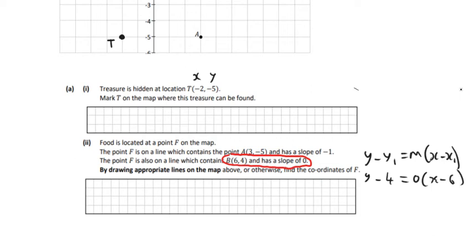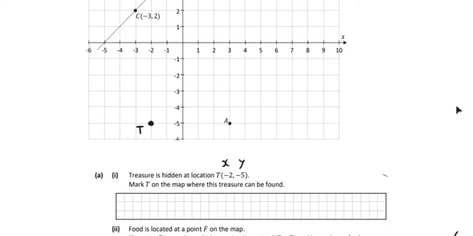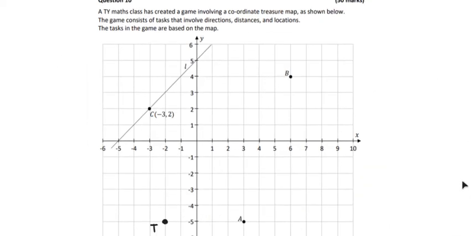Whenever the slope is 0, the x term is gone, so y minus 4 equals 0, so y equals 4. So the line y equals 4 is the horizontal line there. Okay, so that's the line y equals 4.